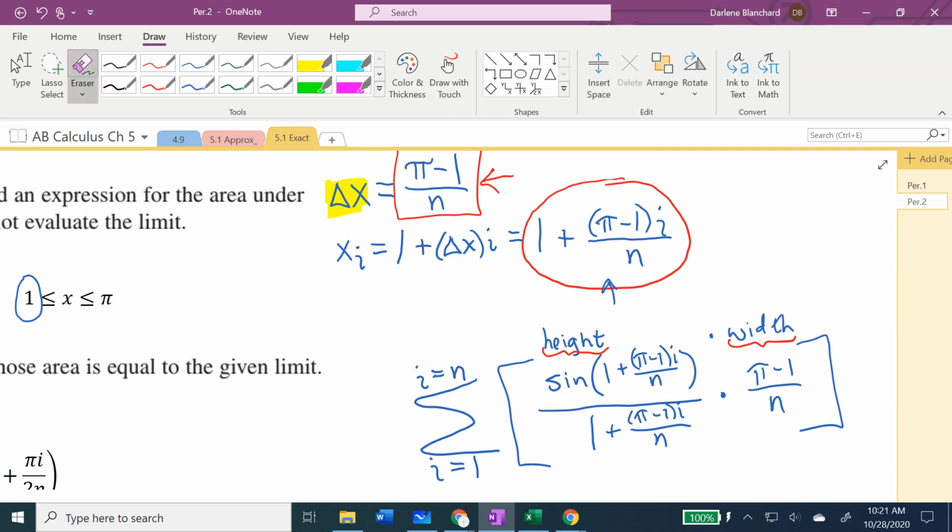Oh, I saw the thing in chat. Sometimes when I talk while I write, I don't write what I intended to write. And correct, I'm only supposed to put an n on top. I don't have to tell it the variable again. I tell it the variable once at the very beginning there. I say variable i goes from starting at 1, and then I just throw the n on top. Yes.